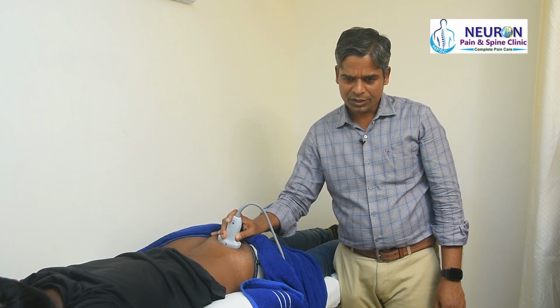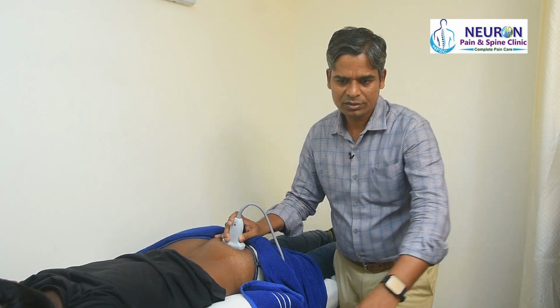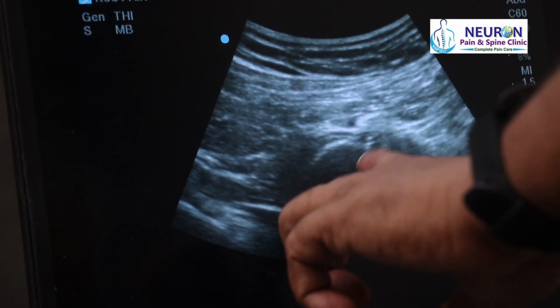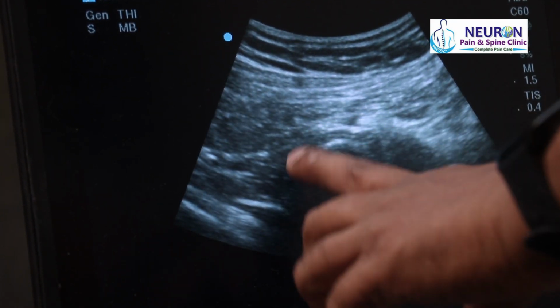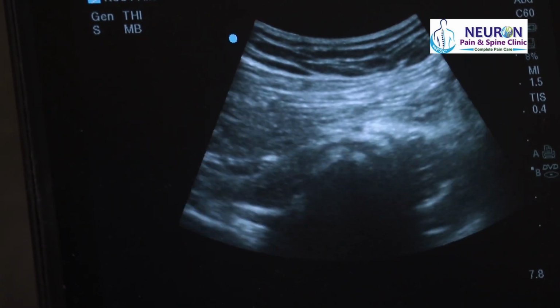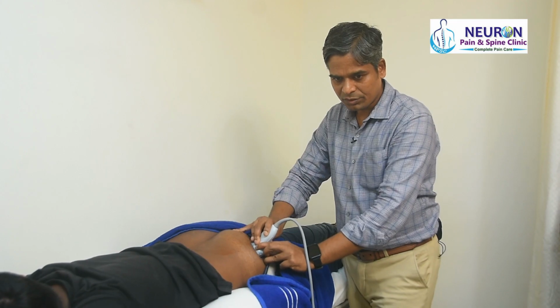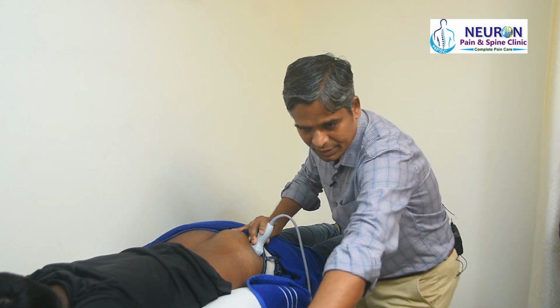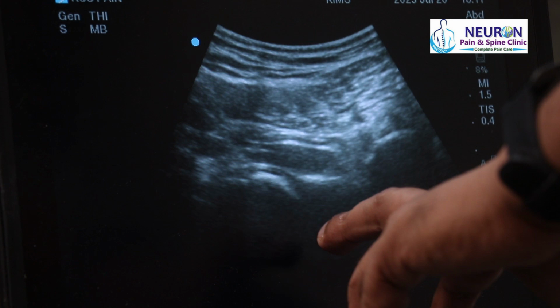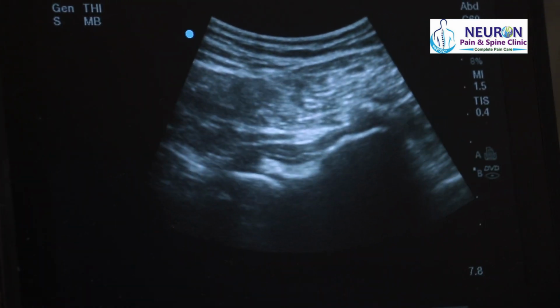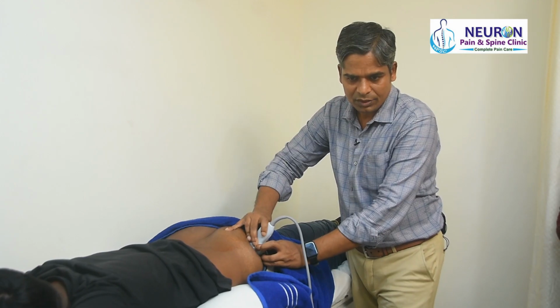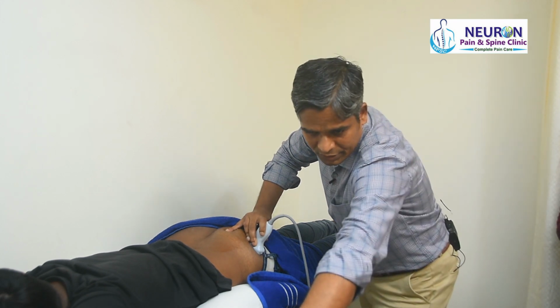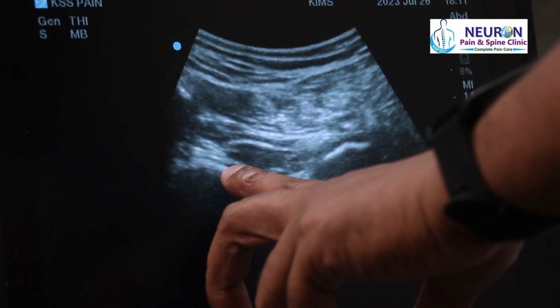If I continue in this plane further down, this is at the ischial tuberosity line, and that is your obturator internus muscle. At this level, this is the ischial tuberosity and that is the muscle. One can see the ischial tuberosity and the greater trochanter there.